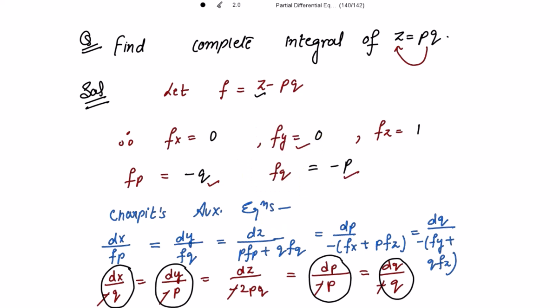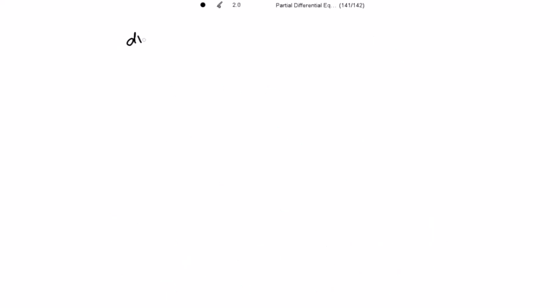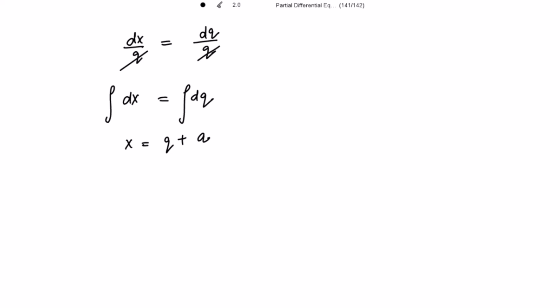Let's choose the first one. We have chosen dx divided by q equals dq divided by q. Cancelling this, we have dx equal to dq. Integrating both sides, we get x equal to q plus the constant a.